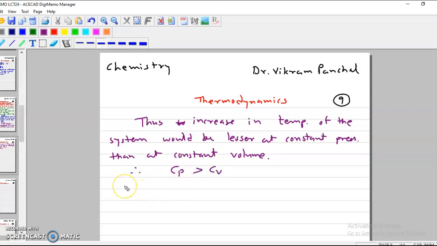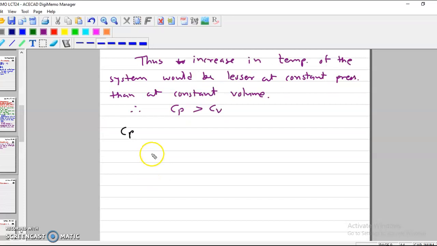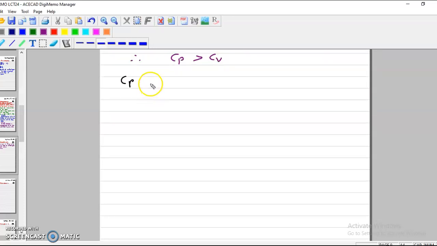Now you know that Cp is equal to dH by dT and Cv is equal to dE by dT. And the enthalpy equation is H is equal to E plus PV.